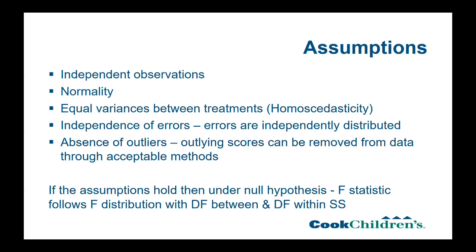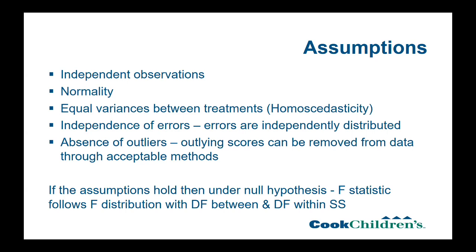In the event you have some outliers, there are some acceptable methods that you can use to either remove the outliers or to make sure that it will not impact the results of the variances.